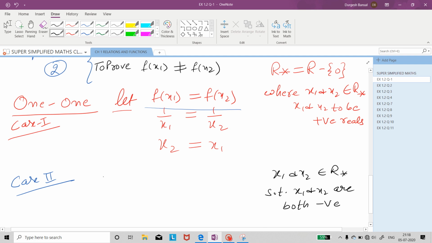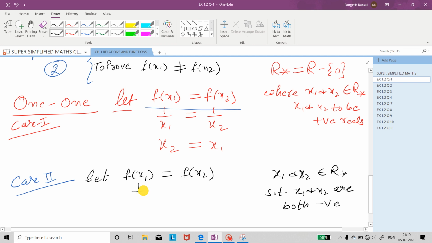So we have assumed two real numbers in R star. R star means they are non-zero, but they are both negative, and these numbers are such that their images f(x1) and f(x2) are the same. We don't know if they are equal or not, but their images were the same somehow.